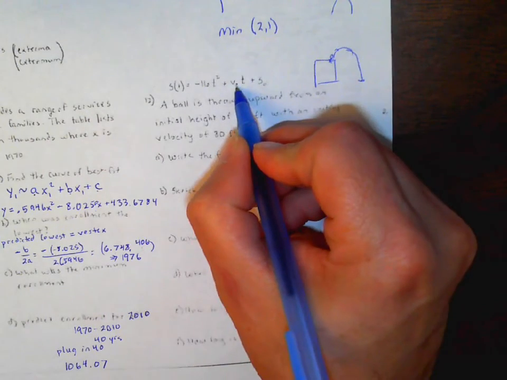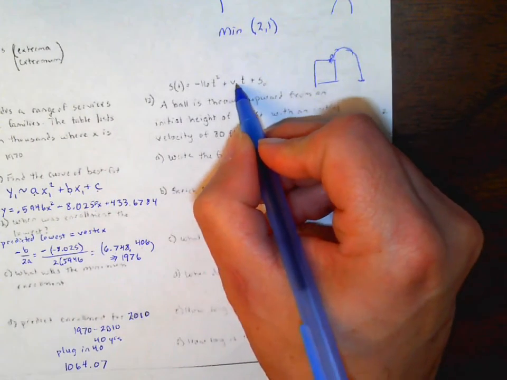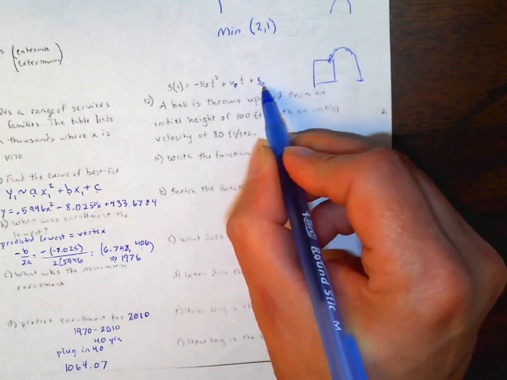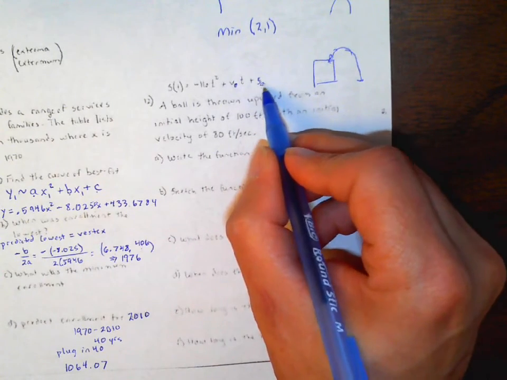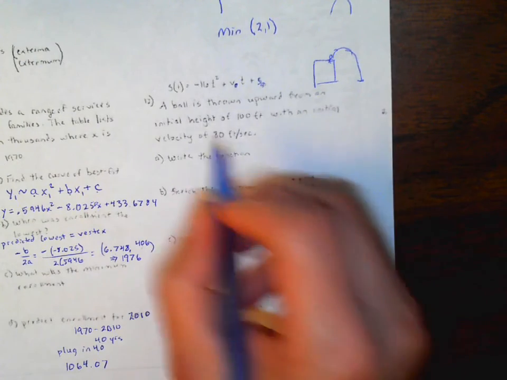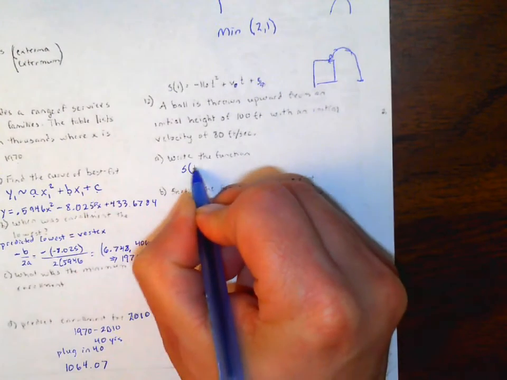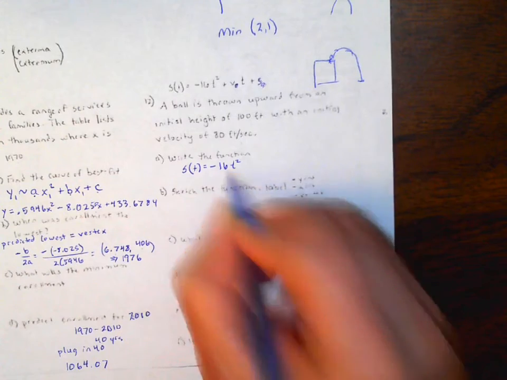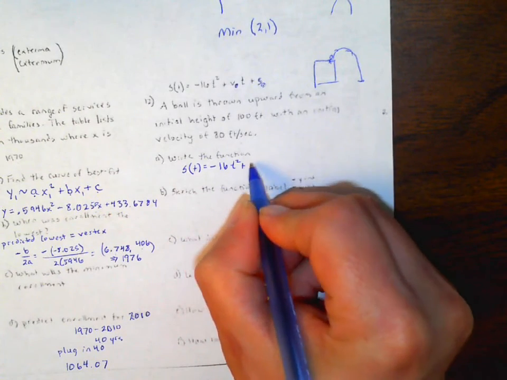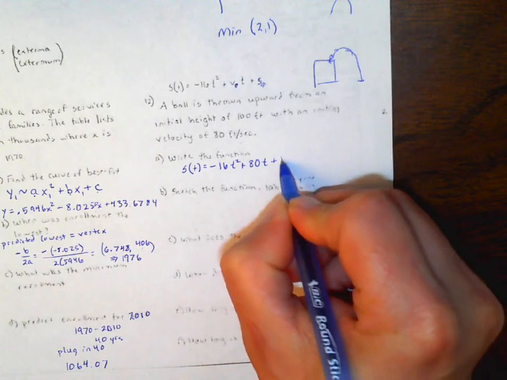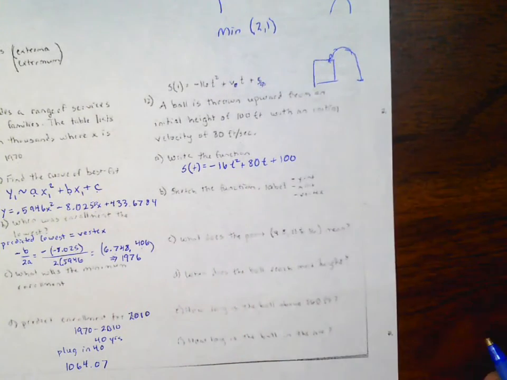V sub O is our initial velocity. O means initial. And S sub O is our initial height. So write a function. We're going to have S of t is equal to negative 16t squared, where t is time, plus 80t, because that's our velocity, plus 100, because we're starting at 100 feet.